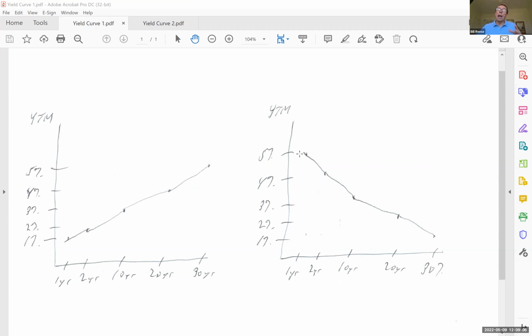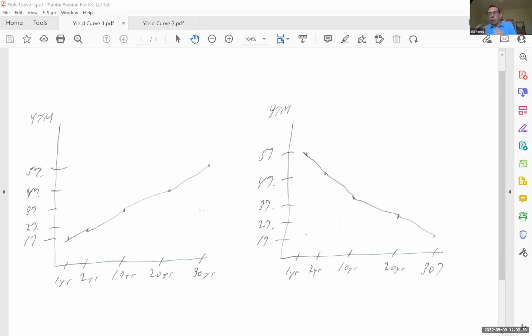So now the question is, why do we sometimes see an upward sloping yield curve, and why do we sometimes see a downward sloping yield curve? And by the way, we could also have a flat yield curve. A flat yield curve would be something where, for example, short-term interest rates are yielding 3%, medium-term interest rates are yielding 3%, and long-term interest rates are yielding 3%. If they're all yielding 3%, you put your dots there and connect them, it's going to be a flat line. So that would be a flat yield curve.